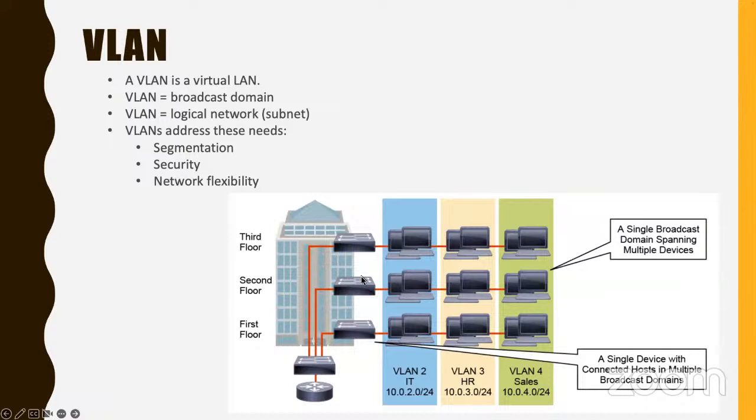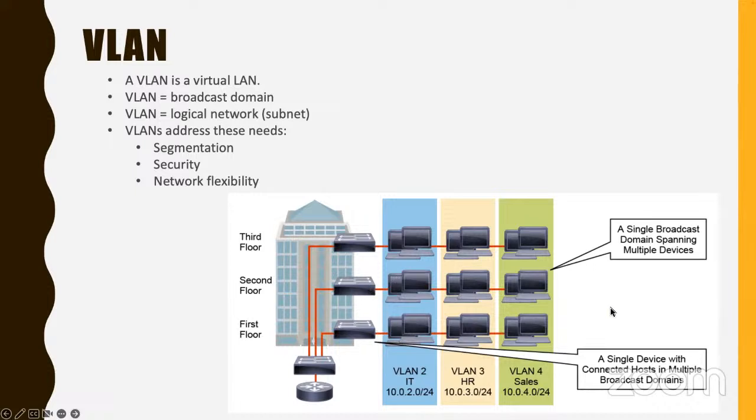Earlier, let's say we were having multiple switches. Now we can keep our layer 2 switches with respect to floors. On the same floor, I'm having multiple departments working, but their respective laptops or desktops have been configured in separate VLANs.